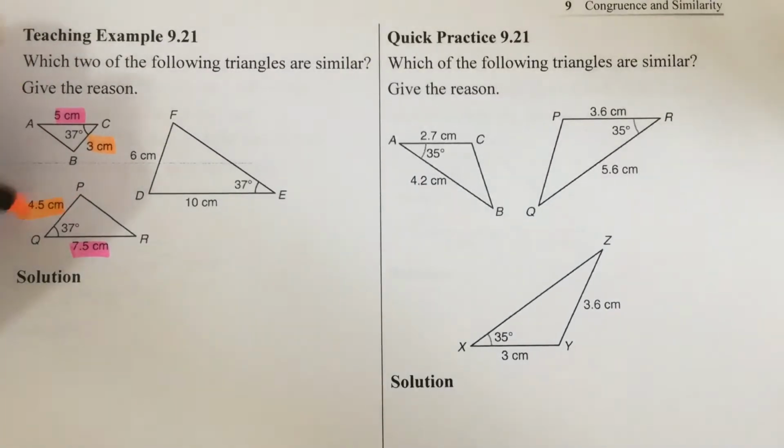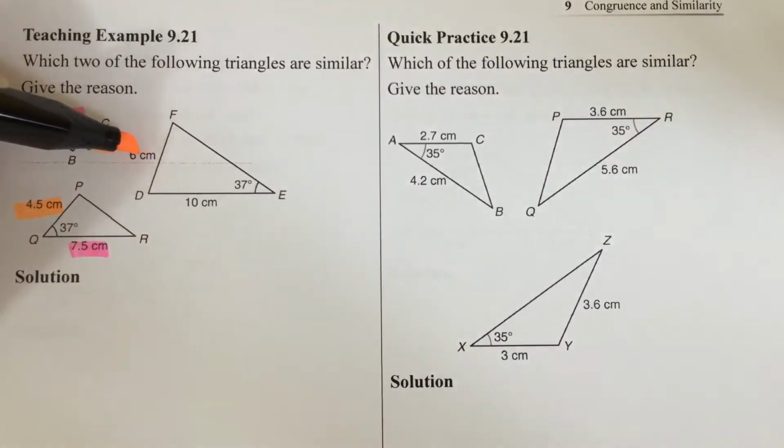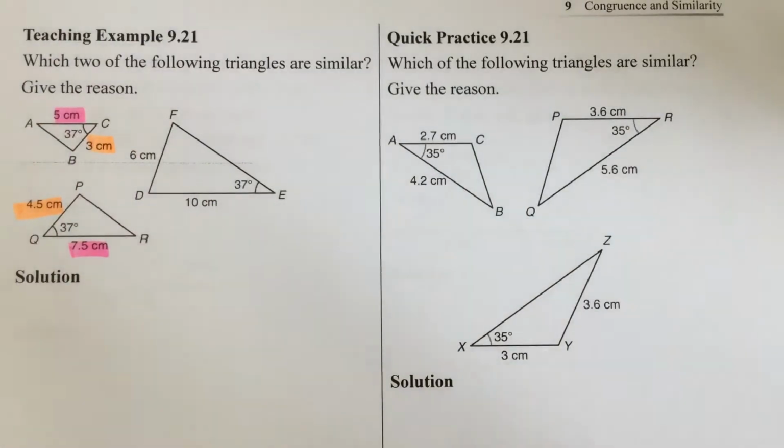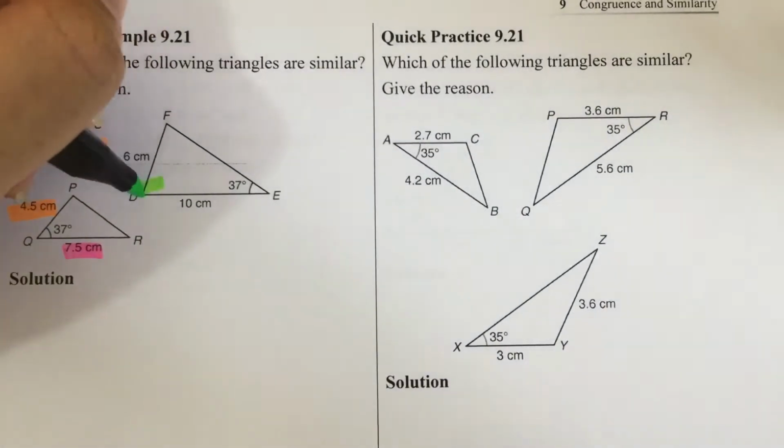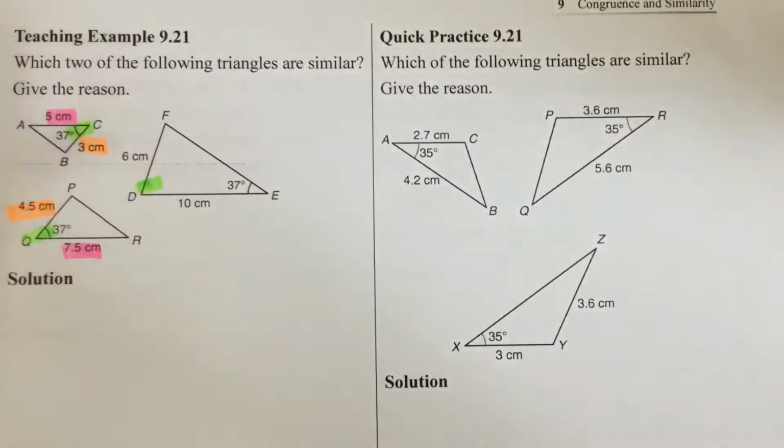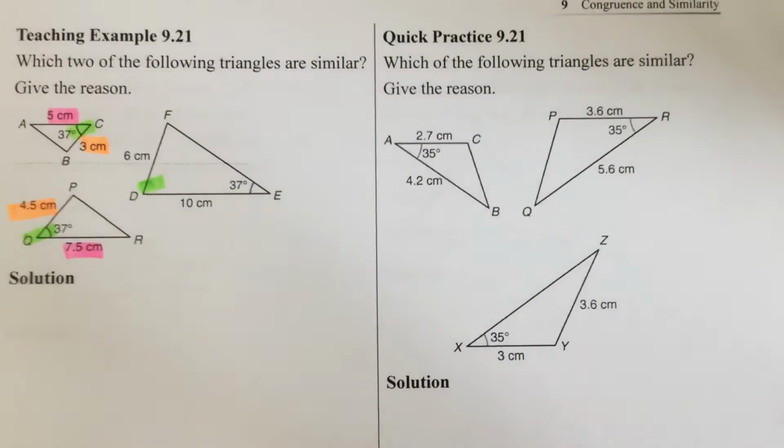But unluckily, this 37 degree is not between 6 and 10. You do not have the 37 degree in the middle of it.